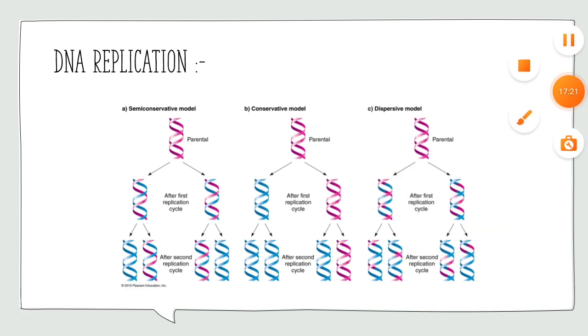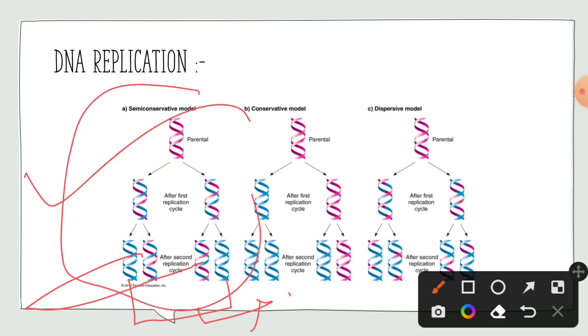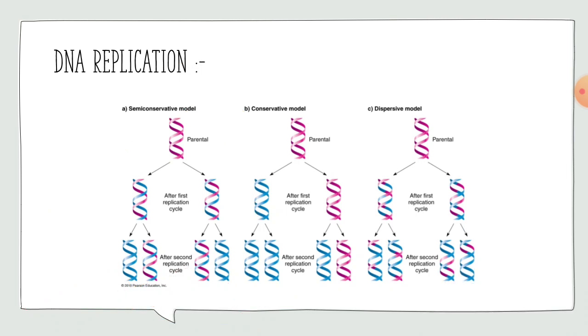That simply indicates that our DNA replication is semi-conservative, because here there are two pure light DNA molecules, right, and two hybrid DNA molecules, right? Hybrid DNA means a mixture of parental DNA and daughter DNA, right? So that simply means our DNA replication is semi-conservative, isn't it?